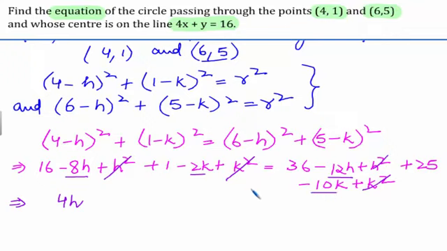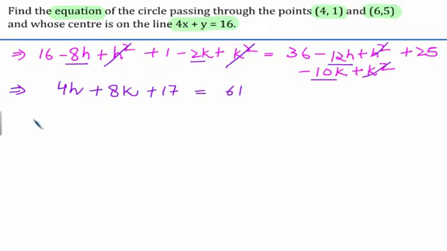Bringing it to the left hand side gives plus 10k, and subtracting 2k from it gives plus 8k. Now 16 plus 1 is 17, and on the right hand side we have 36 plus 25, which is equal to 61. So this implies 4h plus 8k is equal to 44. Taking 17 to the right hand side, let us denote this equation by 1.